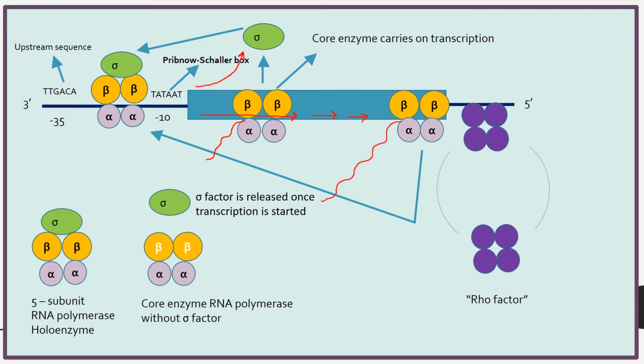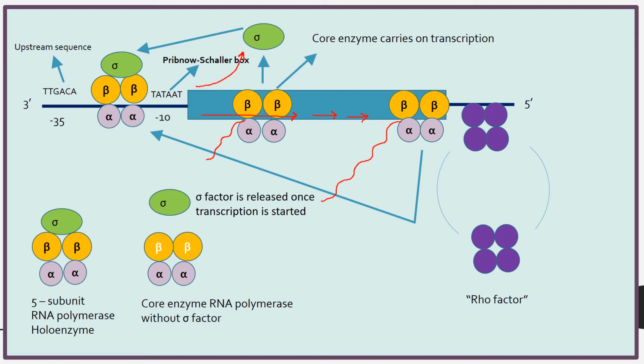When the RNA polymerase is attached at the area where transcription is going to start, the area becomes slightly broader, and this area is called the transcription bubble, the area where RNA polymerase is carrying on the process of transcription and RNA synthesis. This transcription bubble will move along the downstream sequence.